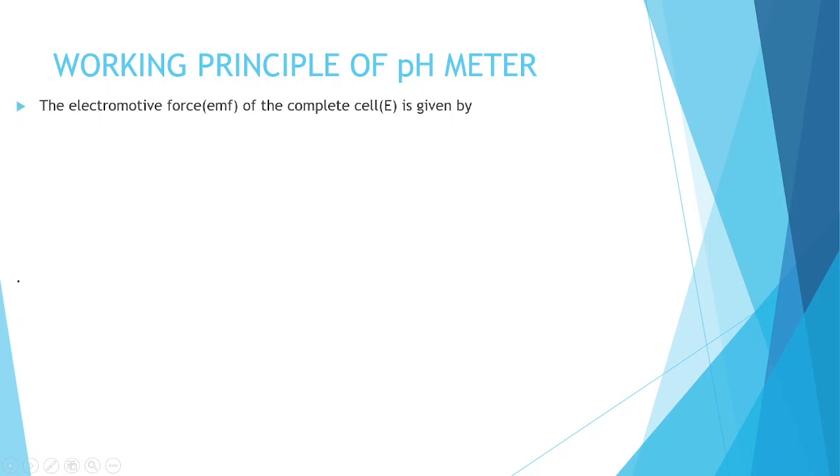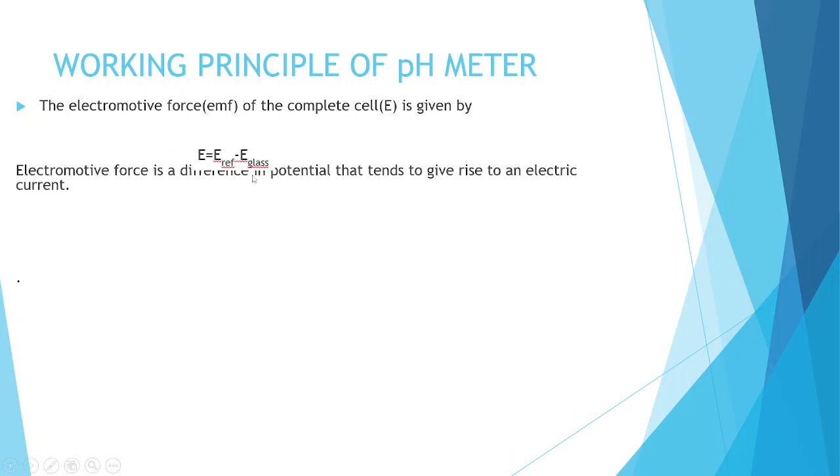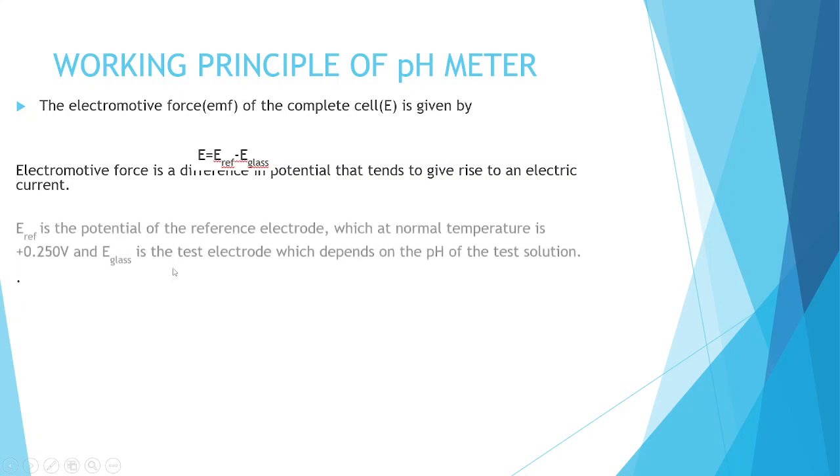The electromotive force of the complete cell E is given by reference electrode minus glass electrode. Electromotive force is a difference in potential that tends to give rise to an electrical current.